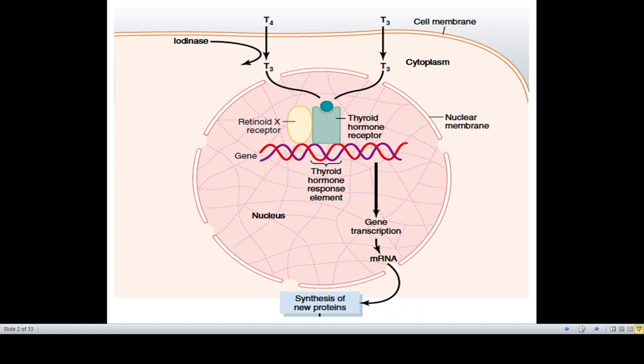Once they get into the nucleus, they bind with their hormone receptor and form a complex with retinoid X receptor, which then binds to the thyroid hormone response element, and leads to the activation of the gene required for the formation of messenger RNA, and the messenger RNA then causes the synthesis of new proteins. So this is the mechanism of action of thyroid hormones when they bind to their cells in the target tissues.